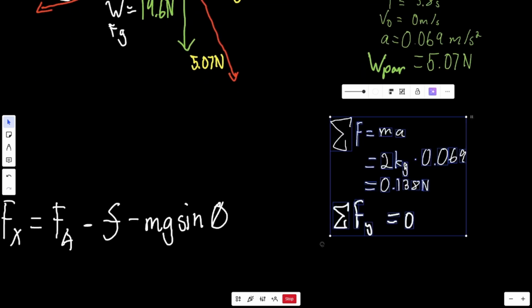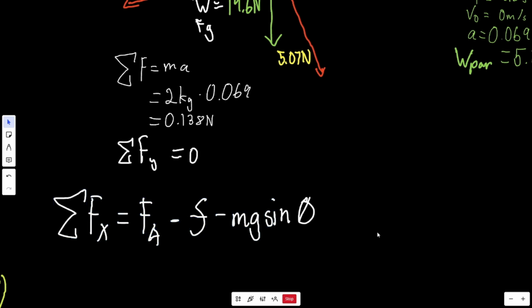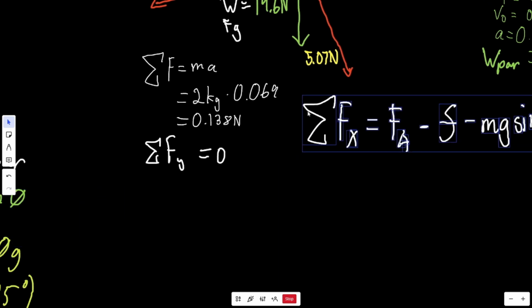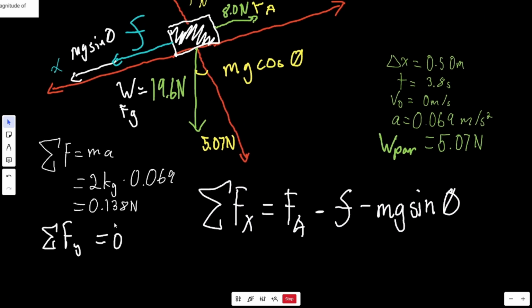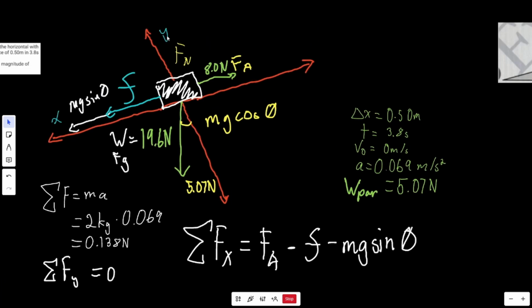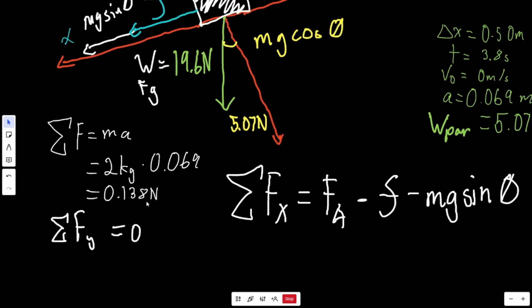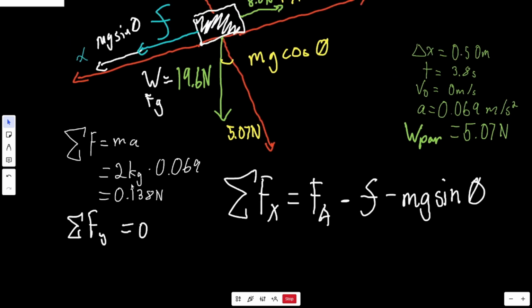Based on our given and what we've derived so far, we can say that the summation of forces all in all between both the y-axis and the x-axis should be equal to 0.138 newtons. And we got that based on the second law of Newton, which is the summation of forces should be equal to mass times acceleration.